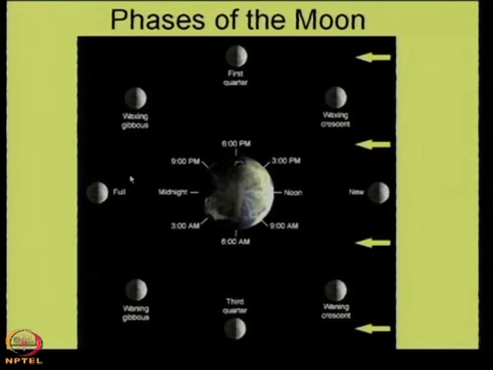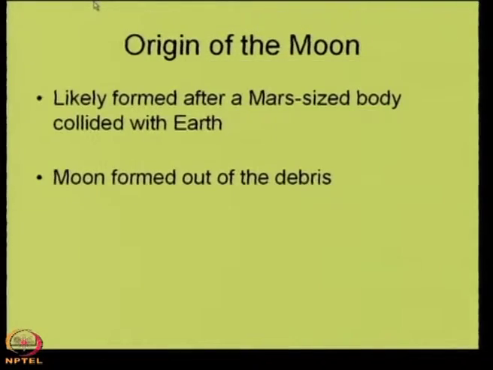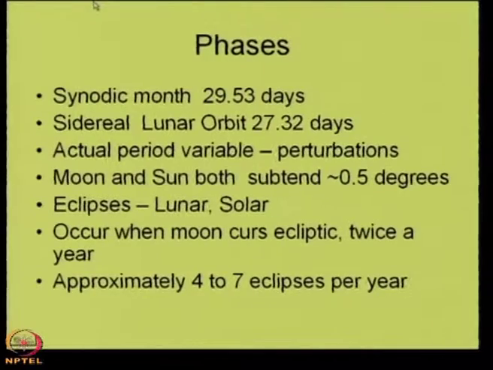Well, if this happens, you have what is called an eclipse. If the moon blocks the sun, then it is called a solar eclipse, and if the earth's shadow completely falls on and darkens the moon, then it is called a lunar eclipse.